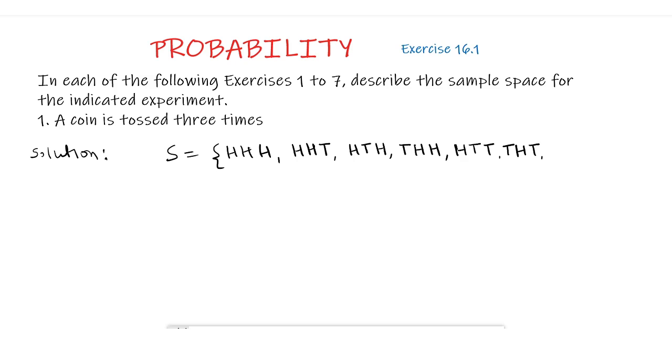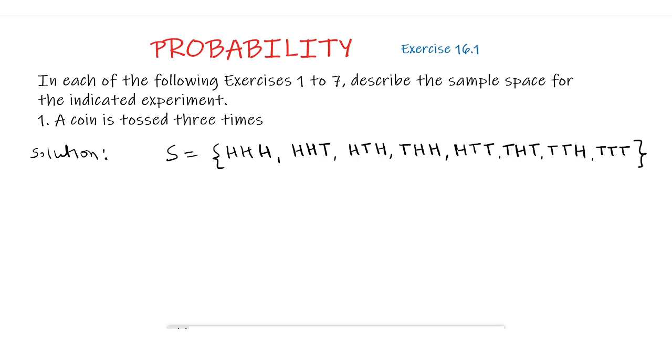In the next sample point, the first toss gives the tail, second gives the tail, and third gives the head. And the next sample point is, the first gives the tail, second also gives the tail, and third gives the tail.